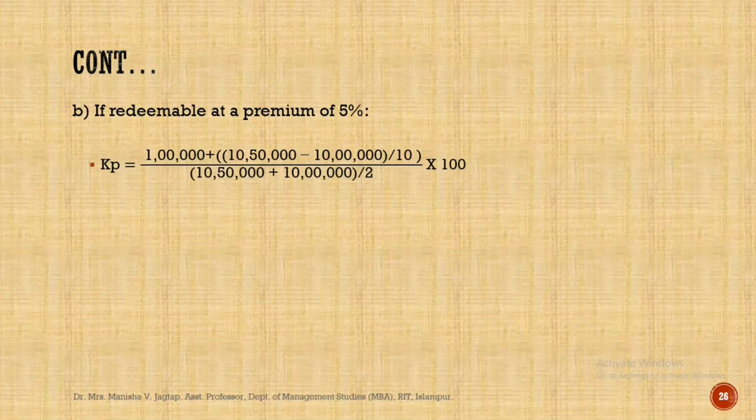So 10 lakh 50,000. Net proceed will remain the same, 10 lakh. Period is 10 years. By solving this equation, we get the cost of preference share capital if they are redeemed at a premium of 5% as 10.24%. So in this way, we can calculate the cost of capital under one condition or the other.